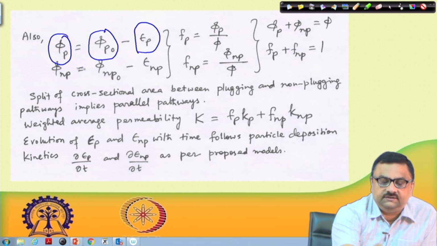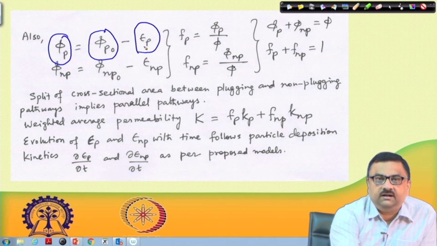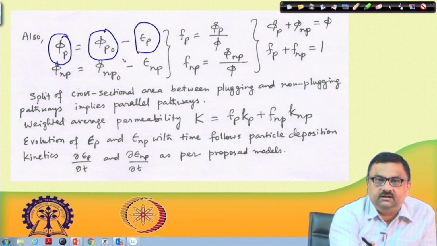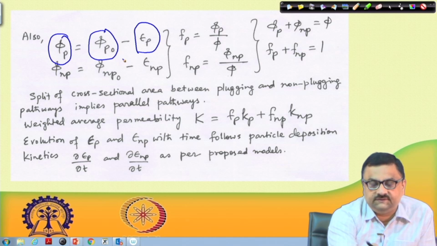So, one can do this exercise provided epsilon P and epsilon NP are defined as the volume fraction of particles deposited divided by total volume of the system.